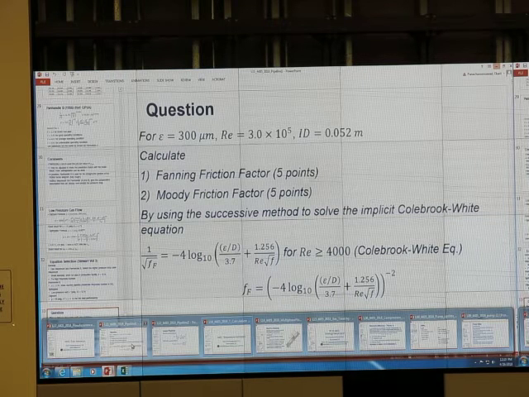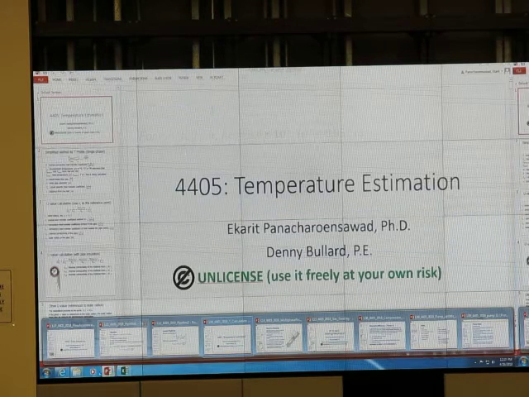PV equals nRT, you use that, so you have to know pressure and temperature in absolute units, right? You don't know V, but n is mass over molecular weight, and you move V to the other side, you get M over V, which is rho. So you can get the density at that point. Did you follow any of that?